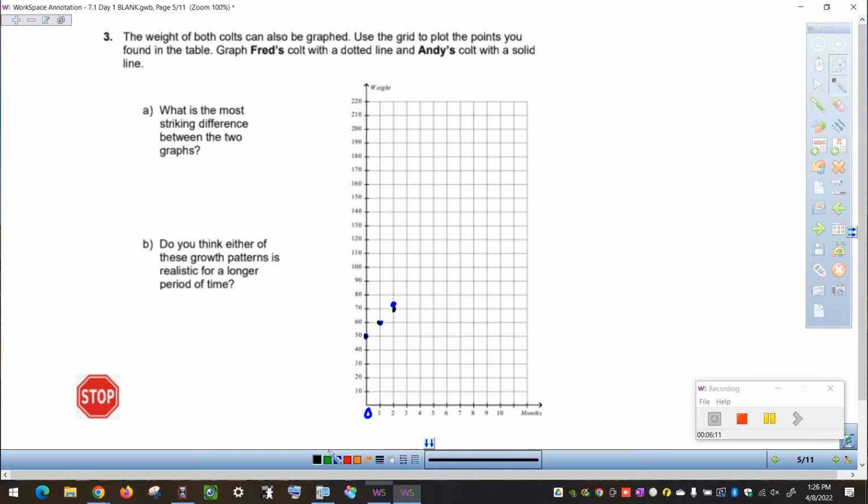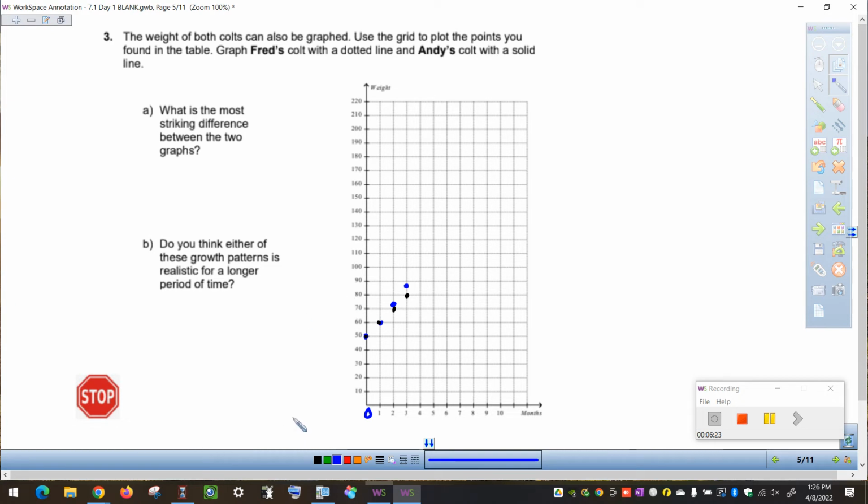Then after 3 months, we see that Fred's is 80, and Andy is all the way up at 86.4. So notice how the distance between the 2 points, that vertical gap, seems to be increasing. And as we continue with the months, that gap is only going to get greater and greater.